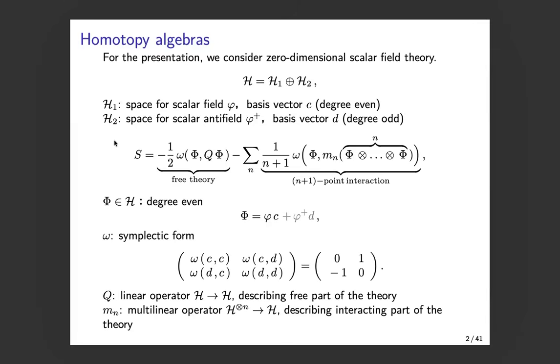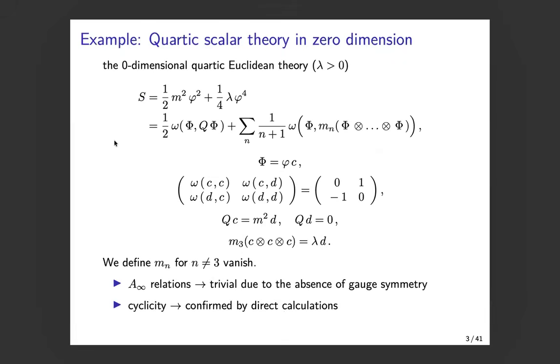So let me see an example of a simple model. Let us consider the quadratic scalar theory. The action is given by this form, and we want to rewrite it into this form of the action, which appears in many talks. As in the previous slide, phi is given by this.